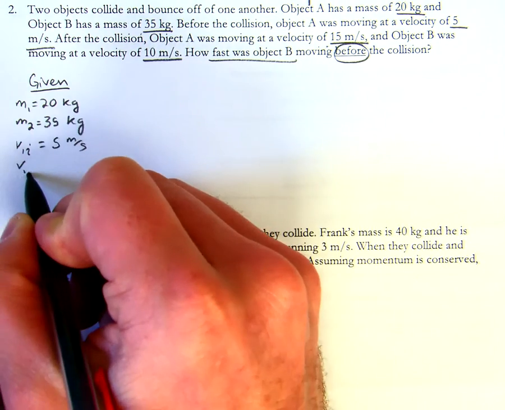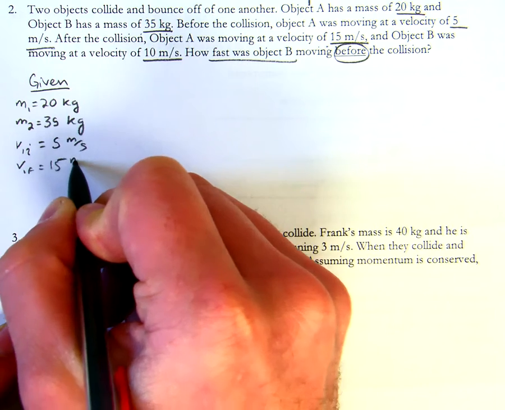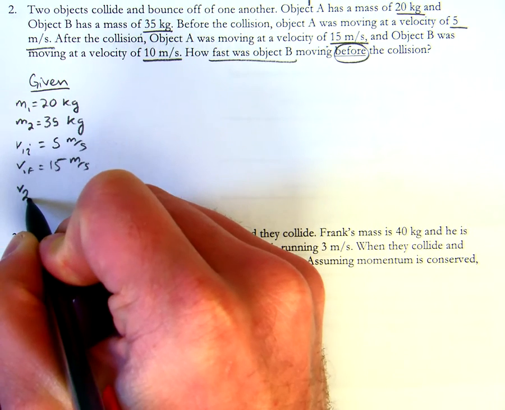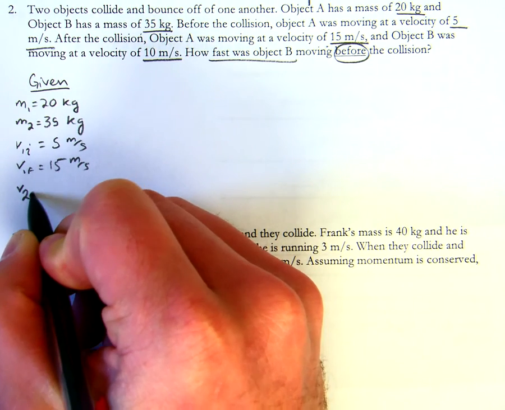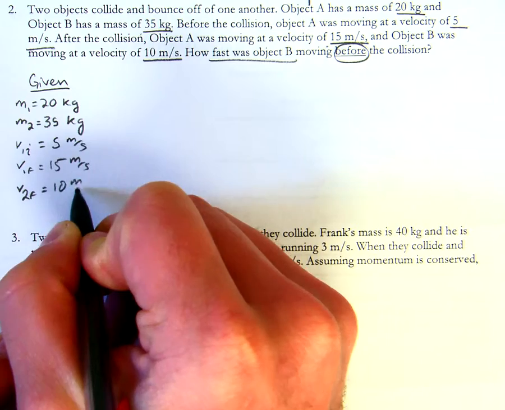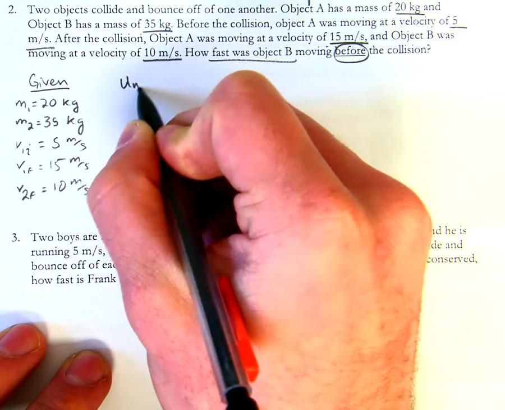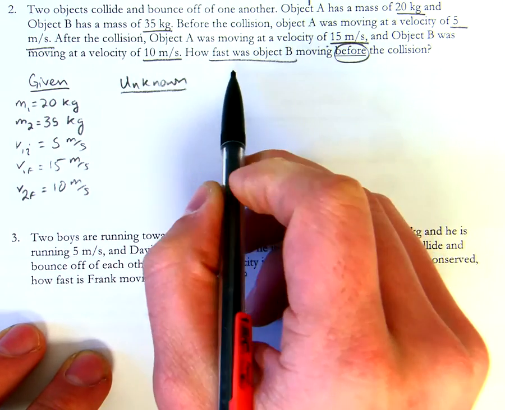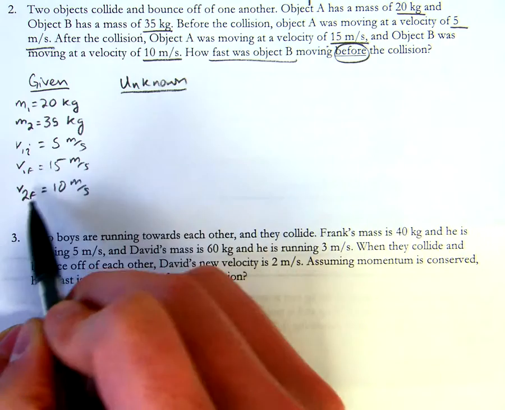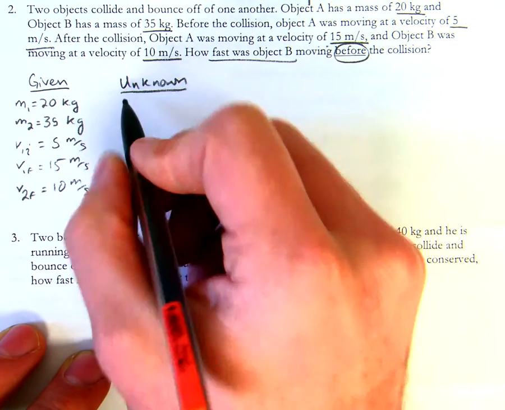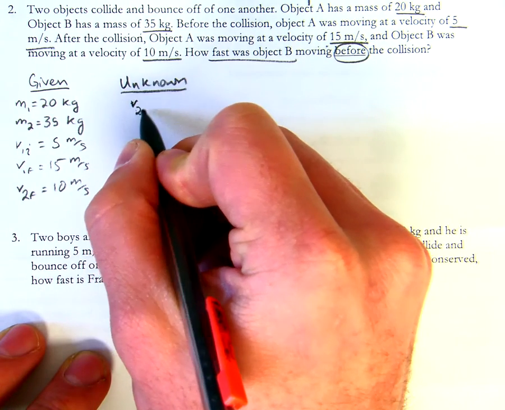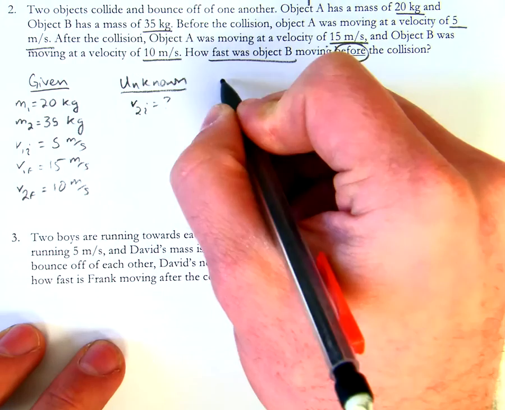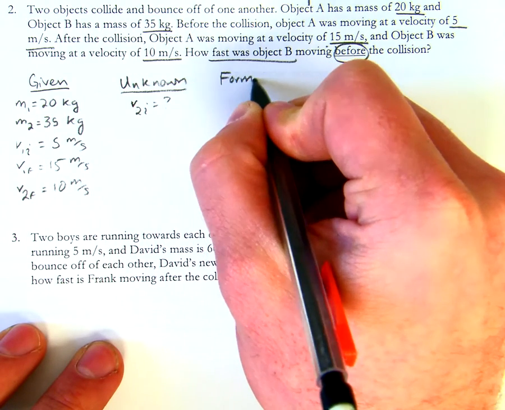So v1F is 15 meters per second, and v2F, object B, was moving at a velocity of 10 meters per second. And my unknown here, like we said before, I'm looking for object B before the collision. So v2I. Now, same formula as before.